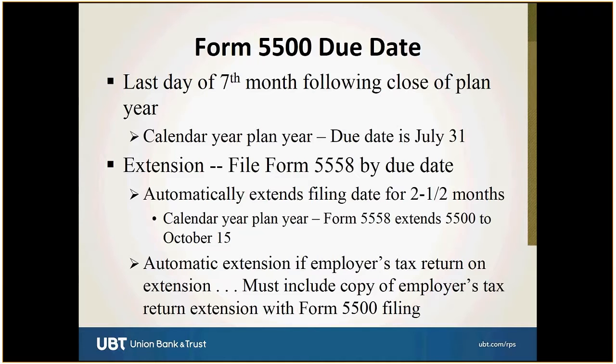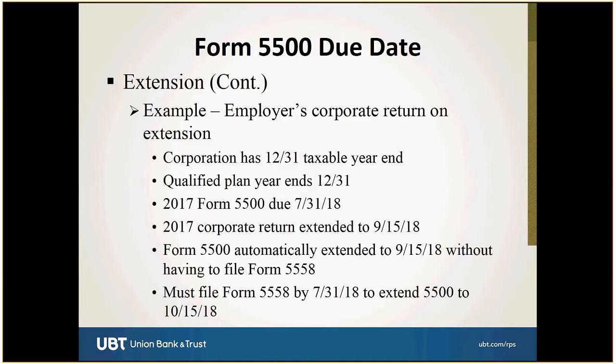So if you want the full 2.5-month extension, you need to file the Form 5558 by July 31st, even if your employer's tax return is on extension. And here's an example of that interaction between the employer's corporate return on extension compared with the Form 5558, that I'm not going to go over.